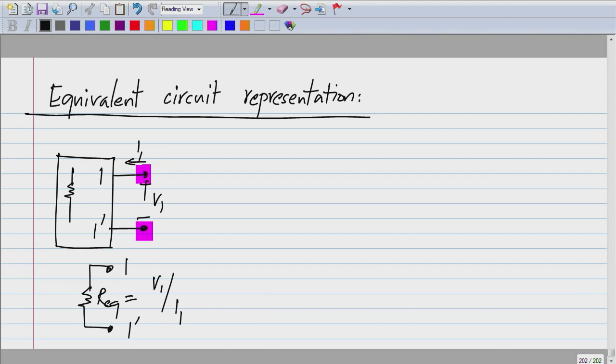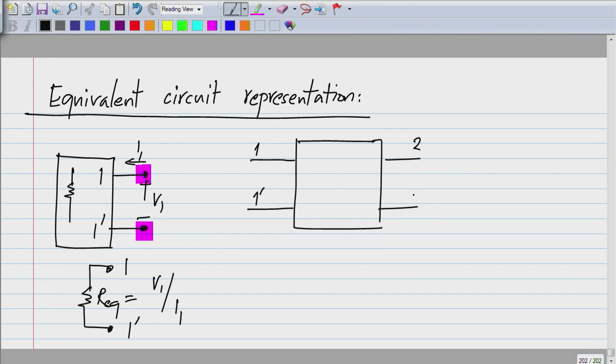So similarly, for a two port, we have to come up with a relationship. That is, we now have equations which describe the behavior. Now I would like to have a circuit representation of this sort.